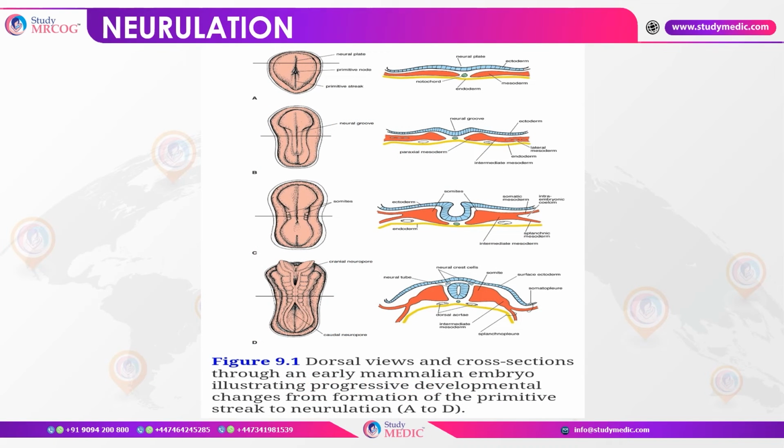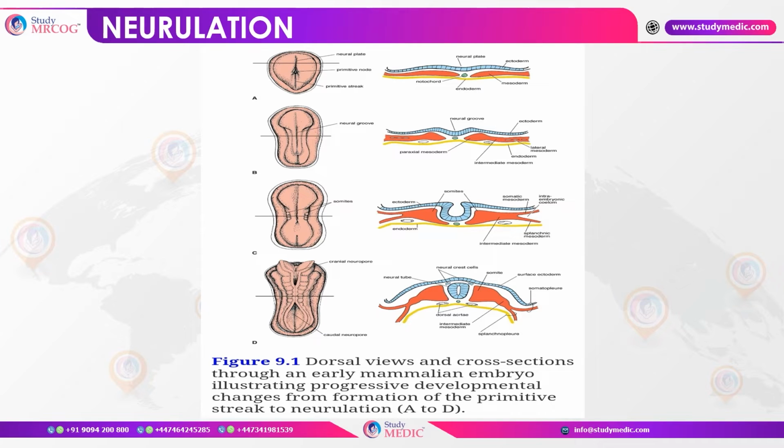Neurulation. Now neurulation is a process where the nervous system is going to develop. We see that initially we have the neural plate, and all these are derivatives from the ectoderm. So we have the neural plate that is being formed, which is later seen as a groove. So that is called the neural groove. And next there is deepening of the neural groove, and on the sides we see the somite formation.